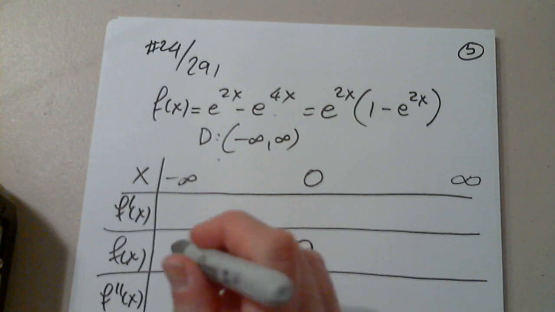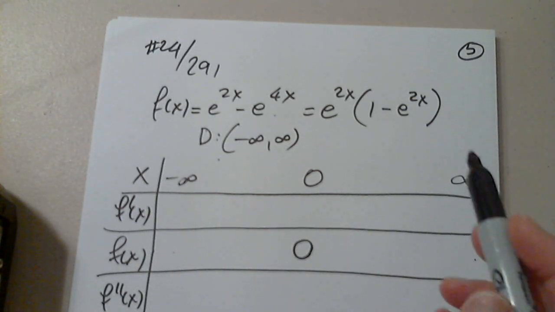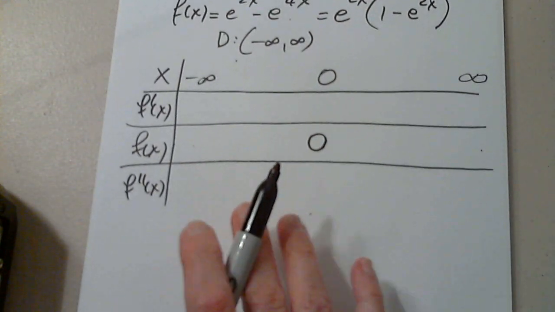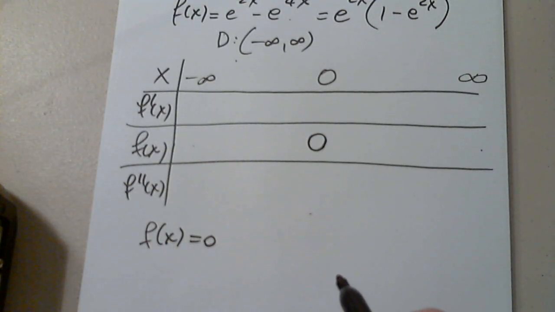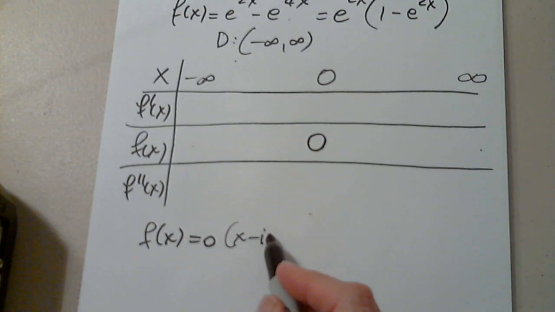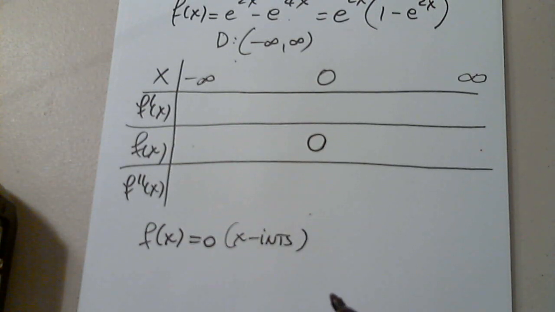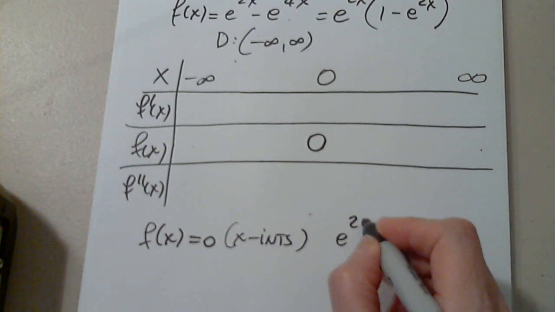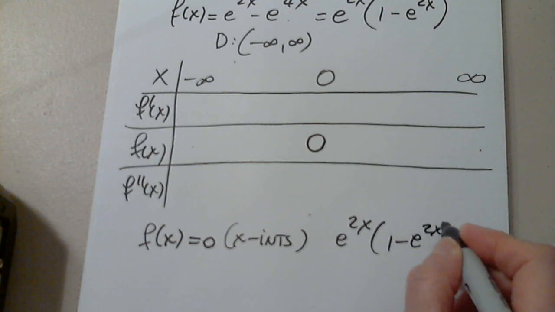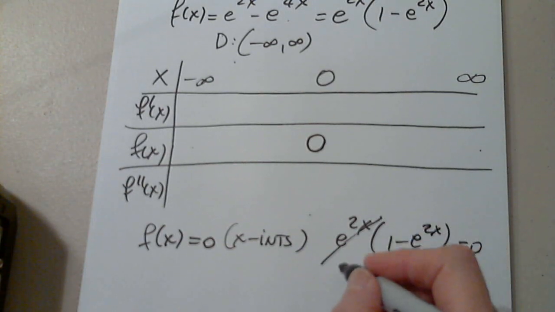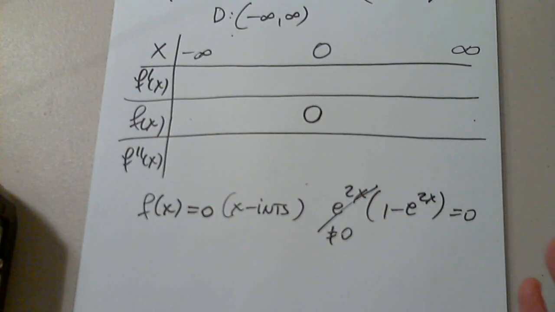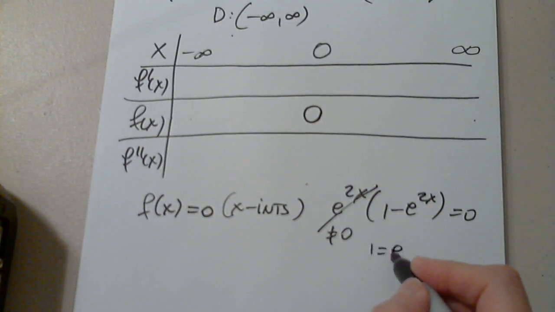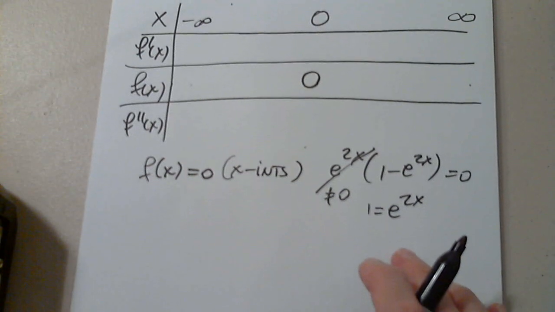Now I have to find the limits, and I have to set the function equal to 0 to find the x-intercepts. So this is for x-intercepts. Okay, so e to 2x times 1 minus e to 2x to be 0. This cannot be 0. It's never 0. But 1 minus e to 2x can be 0. 1 equals e to 2x.